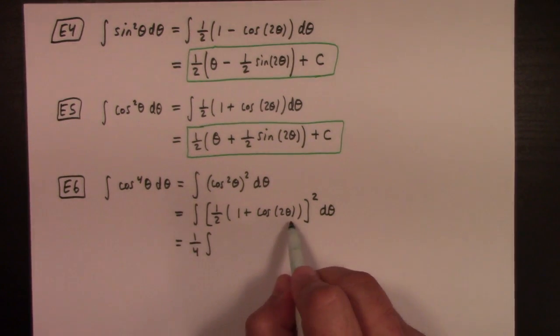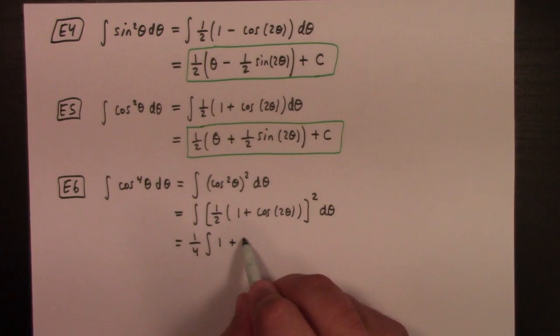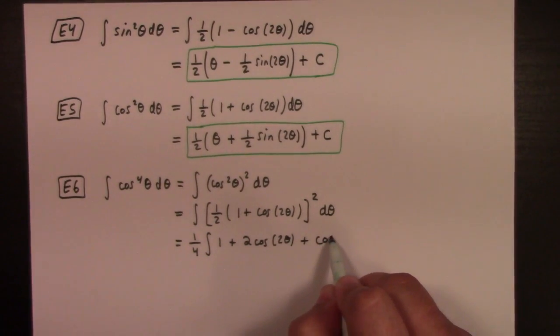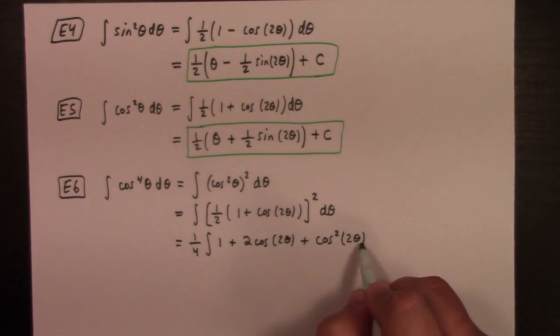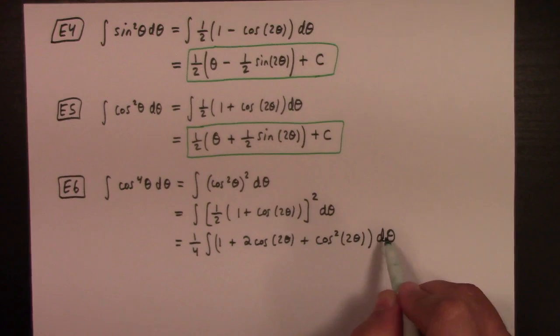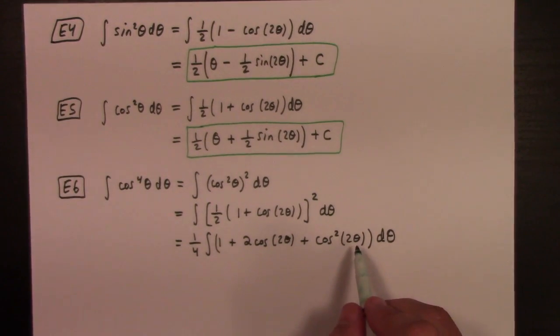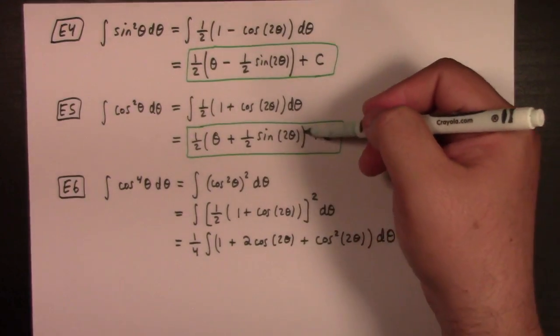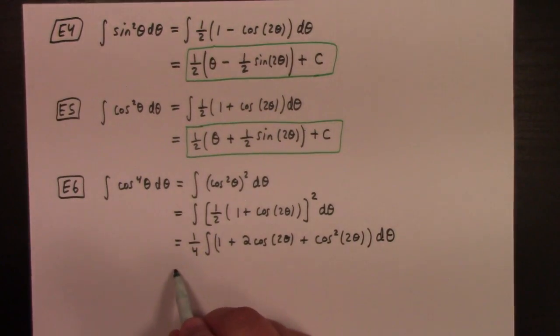And then I got to square this thing. That gives me 1 plus 2 cosine 2 theta plus cosine squared 2 theta, like so. Oh man, look at that. I got a cosine squared. Now I could just do a u substitution on this thing, but I'm going to do it directly.